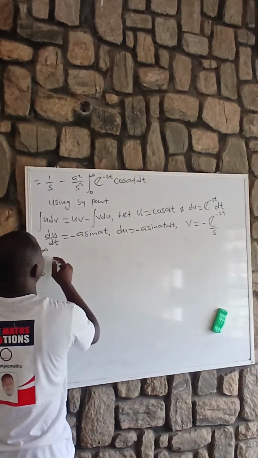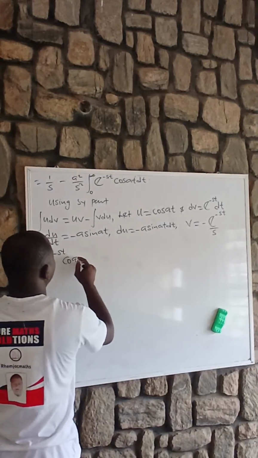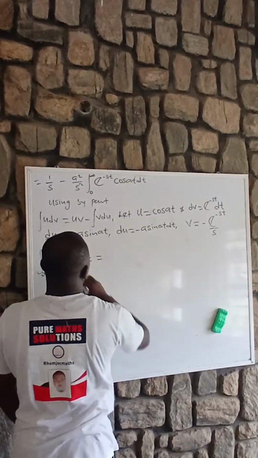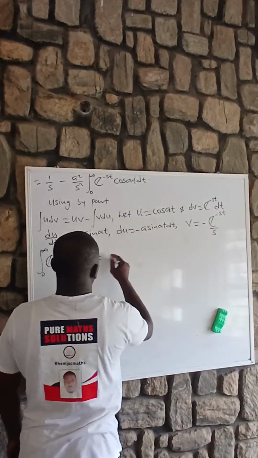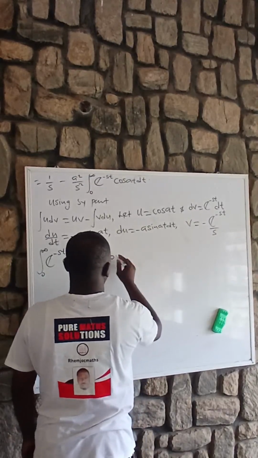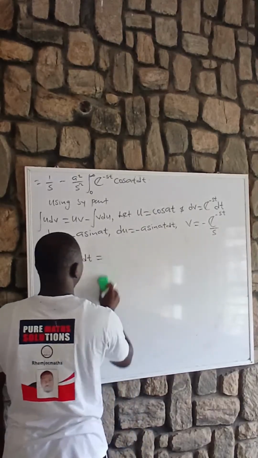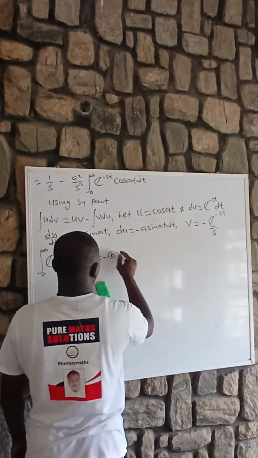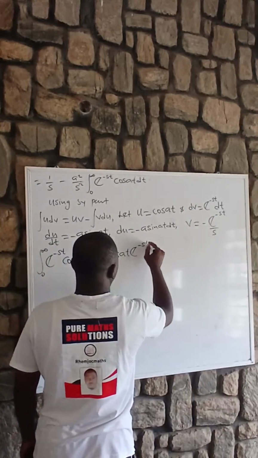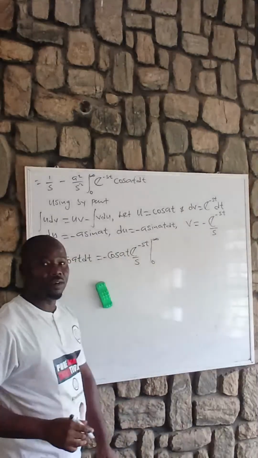So here will now be the integral from 0 to infinity of e to the minus st cos at dt. It will be equal to, ordinary v u is cos at, times minus, because of the minus sign, let's write the minus before cos at, times exponential minus st all over s, from 0 to infinity, true or false?